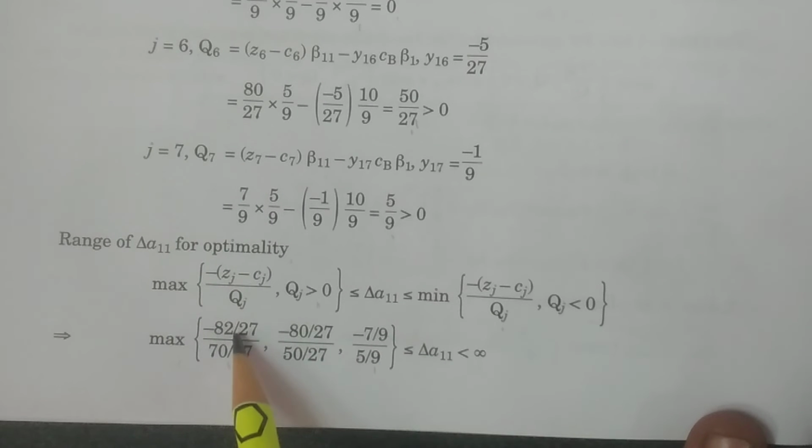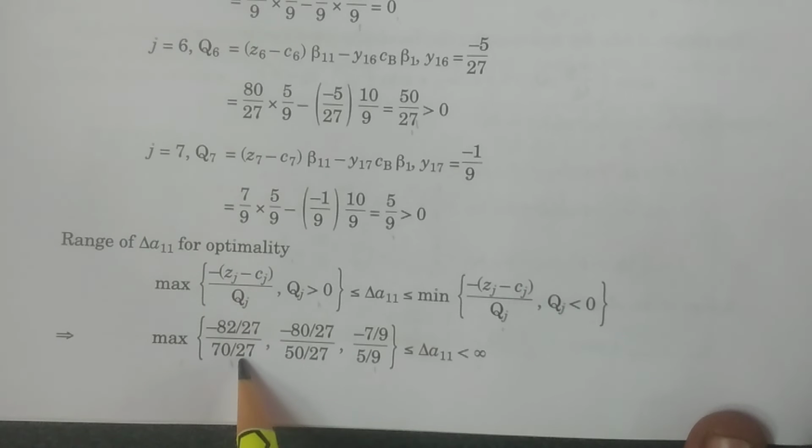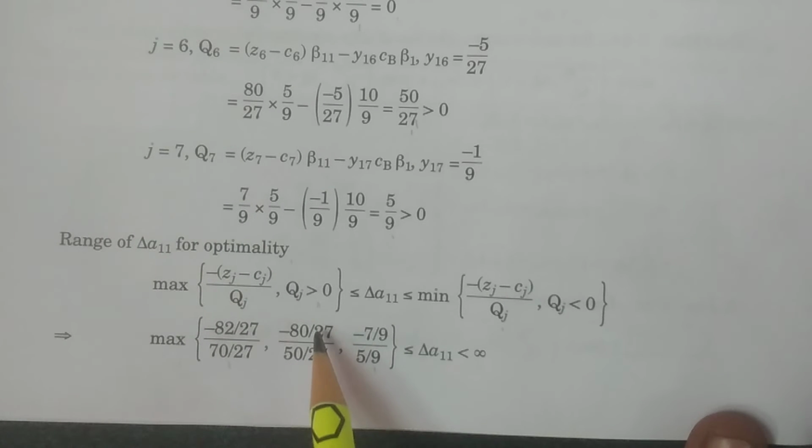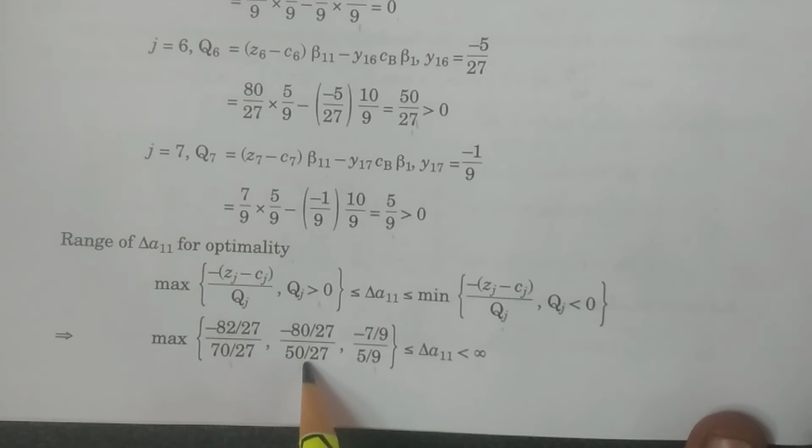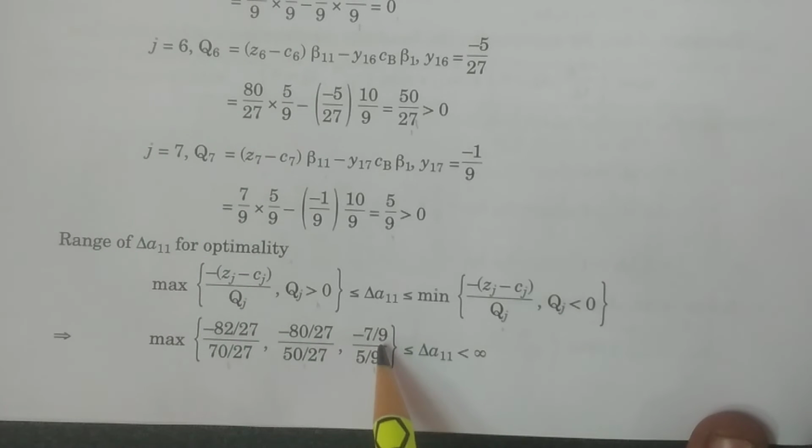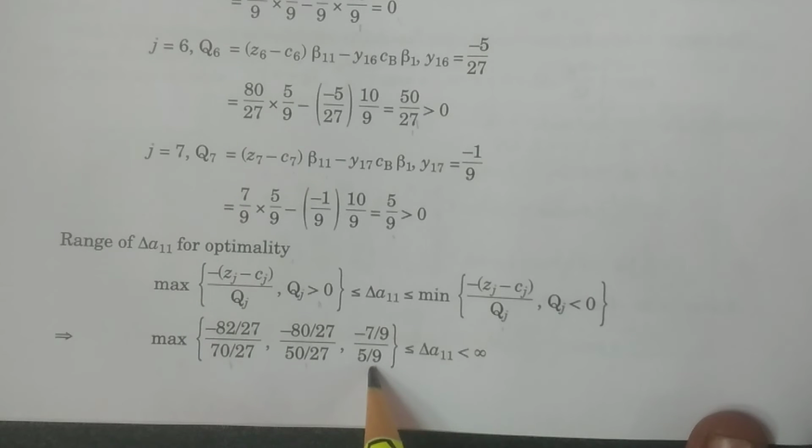This is minus of Z3 minus C3 by Q3, minus of Z6 minus C6 divided by Q6, and minus Z7 minus C7 divided by Q7.